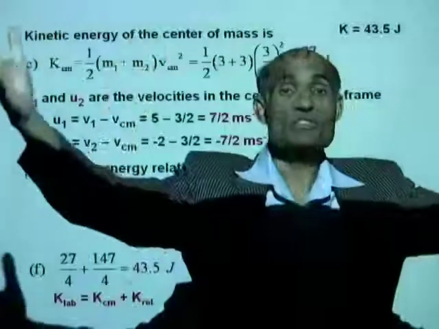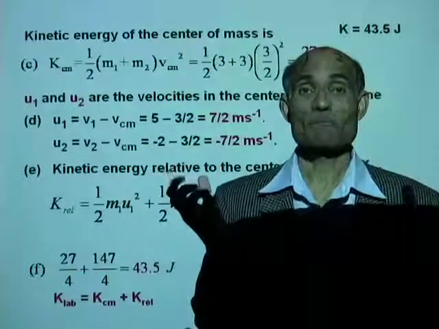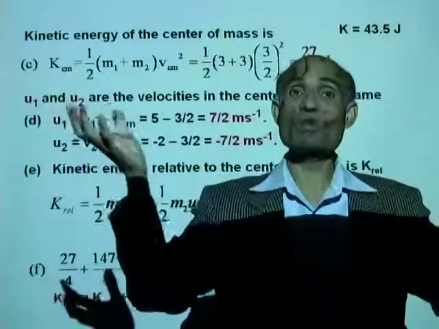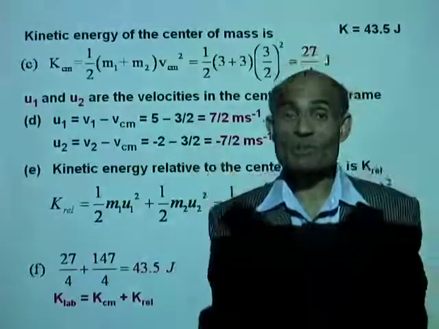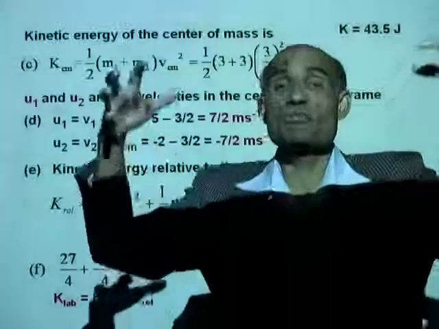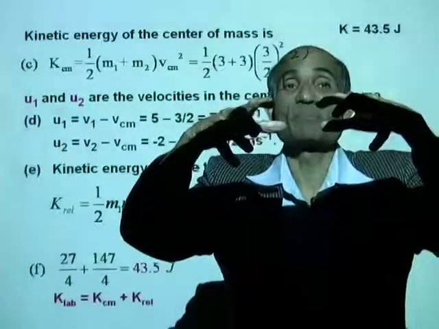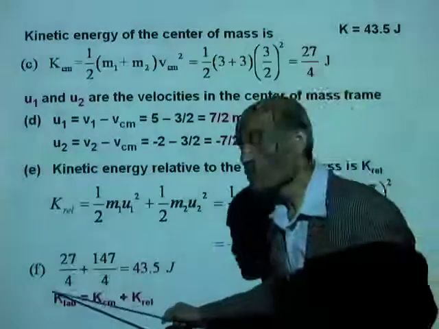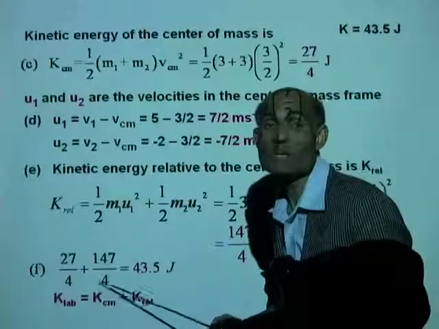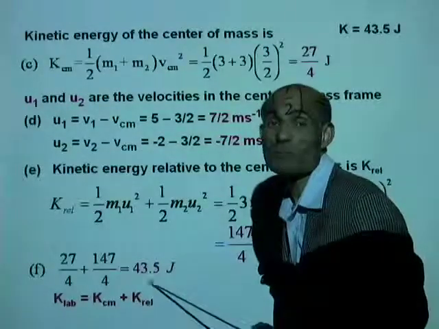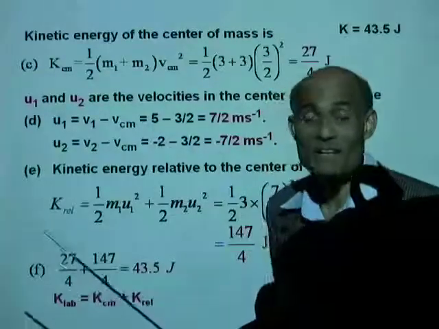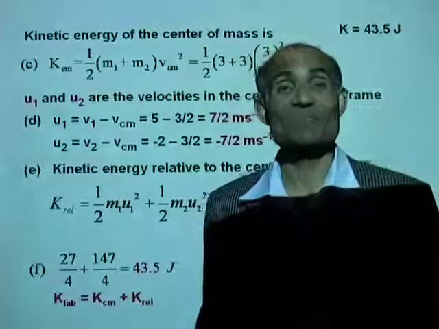If you have a system of objects, the total kinetic energy measured from the laboratory reference frame will be equal to the kinetic energy measured from the center of mass reference frame plus the kinetic energy of the center of mass.